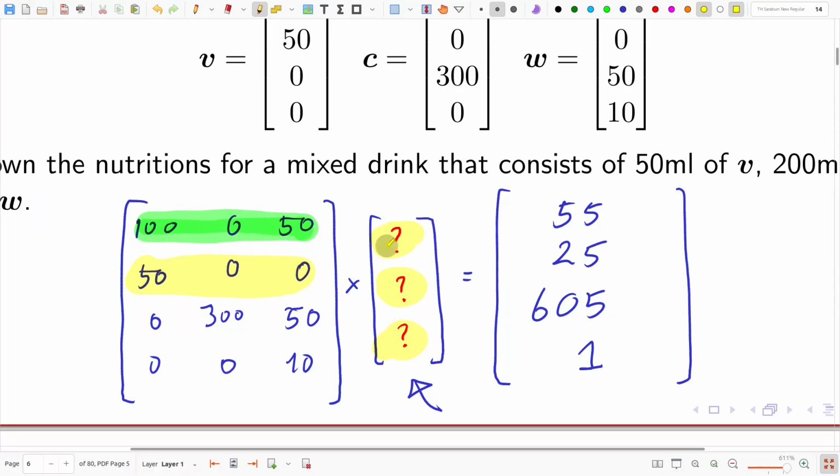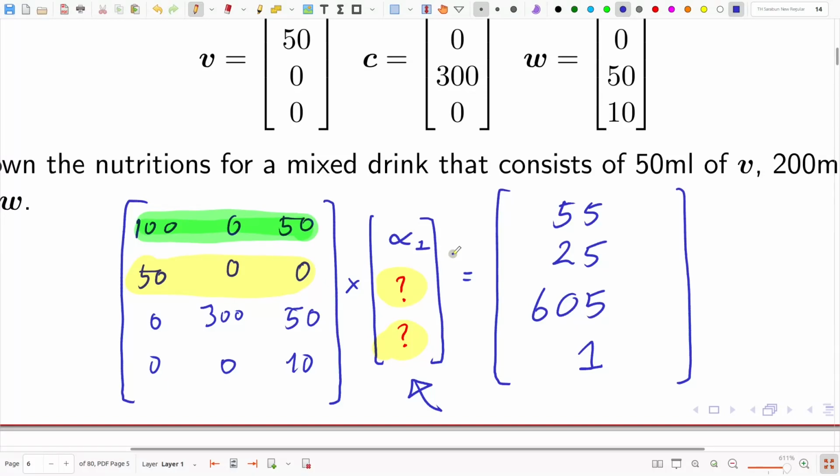But just think about the first guy here. Let's call it alpha 1. Which numbers get multiplied with alpha 1?